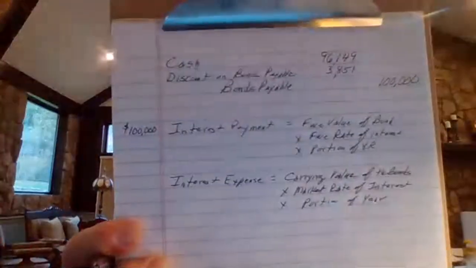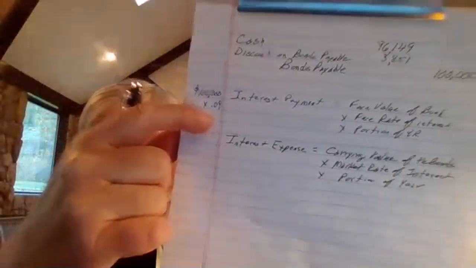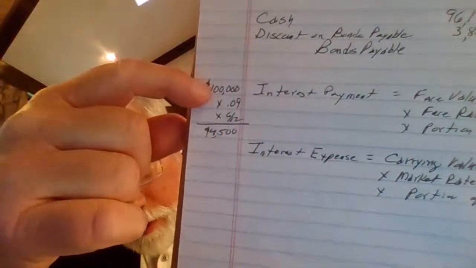So in this case, I should put numbers in over here. I'll put them in the margin. $100,000, that's the face value of the bonds, times 9%, times 6/12 of the year. $4,500. 100,000 times 9% times half a year, $4,500.